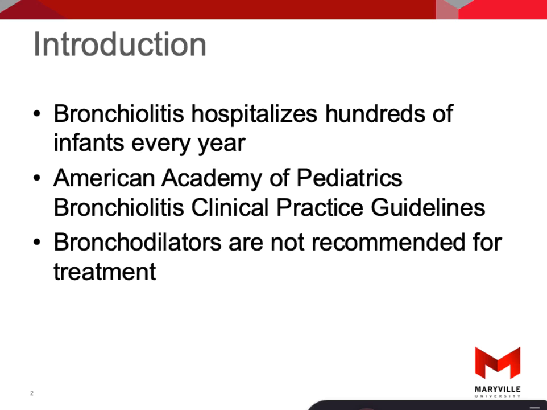The most common cause of bronchiolitis is the respiratory syncytial virus, or RSV. Bronchiolitis causes hundreds of infant hospitalizations per year in the United States. It is one of the most common reasons for hospitalization in this specific population.